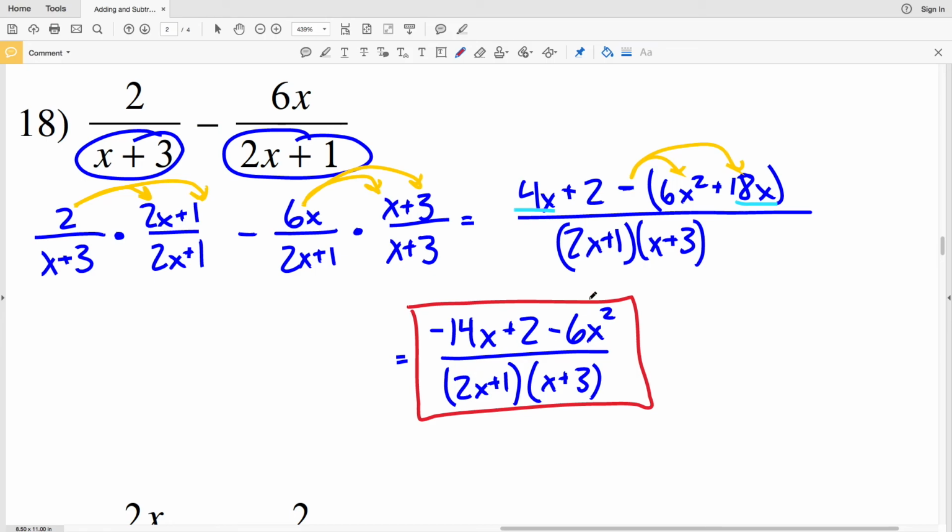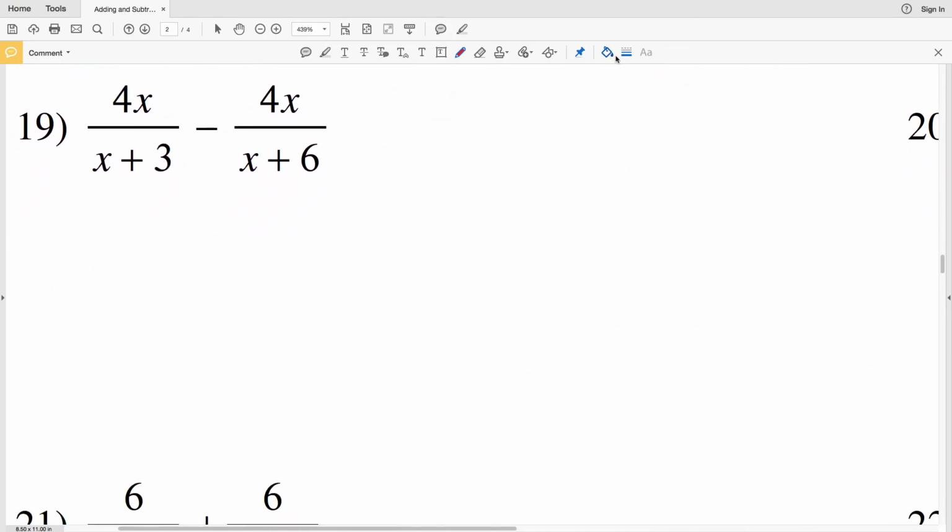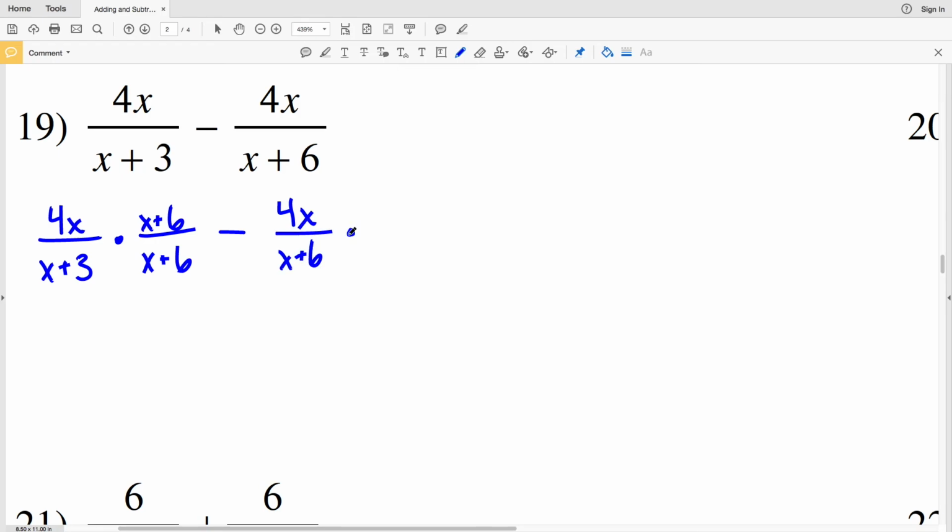Now moving on to number 19, again I'm multiplying by 1. So 4x over x plus 3 will get multiplied by x plus 6 over x plus 6. And I'll be subtracting 4x over x plus 6, and that quantity multiplied by x plus 3 over x plus 3.